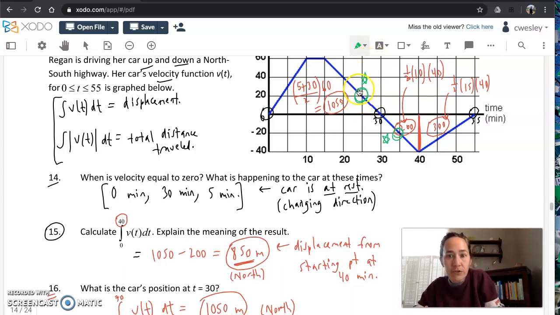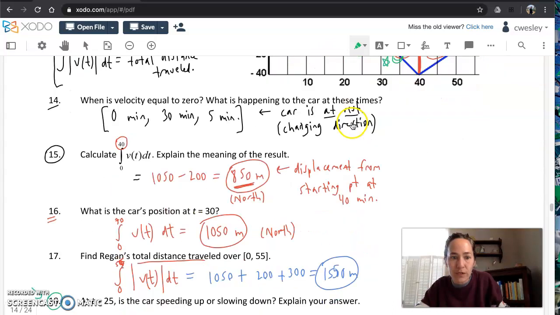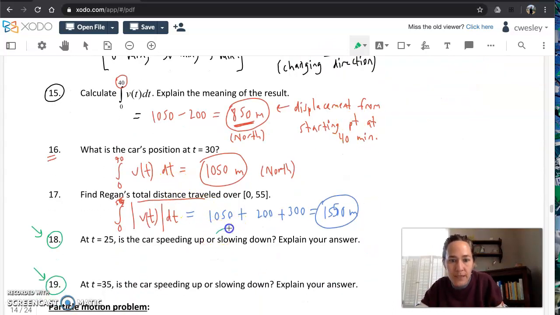The car's traveling north at this point because you're still above the x-axis. You've still got a positive velocity value. However, the velocity is positive, but it's approaching 0, right? This acceleration is going to be negative because basically velocity is decreasing at that point. So I'm going to pick slowing down for number 25. I'll go down here and choose it, slowing down.